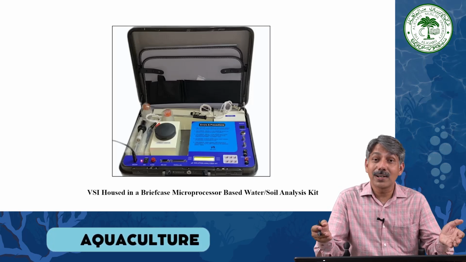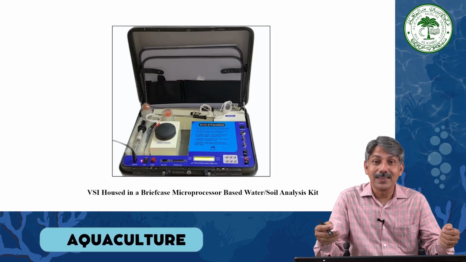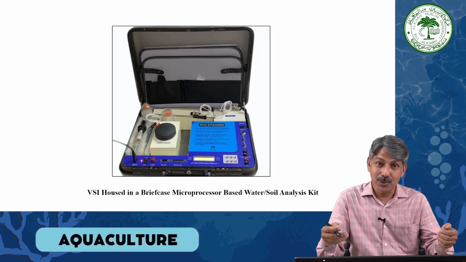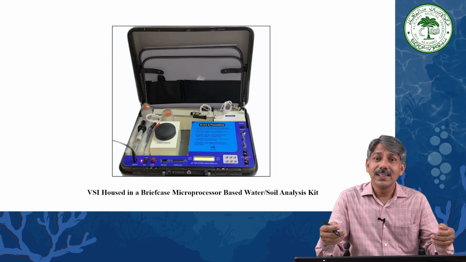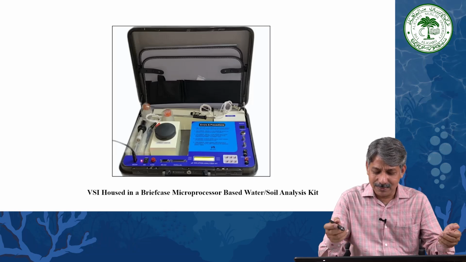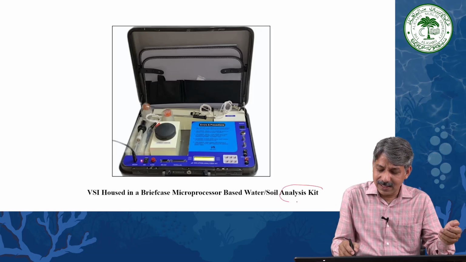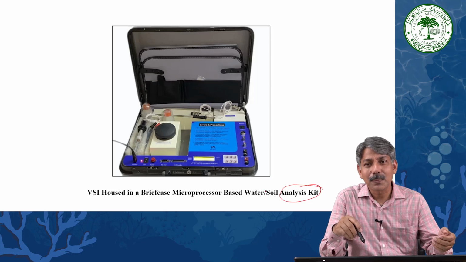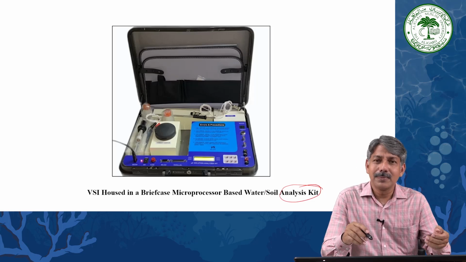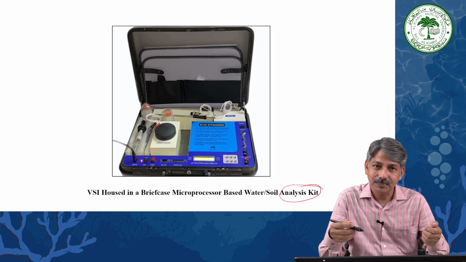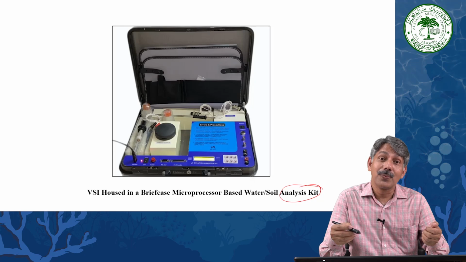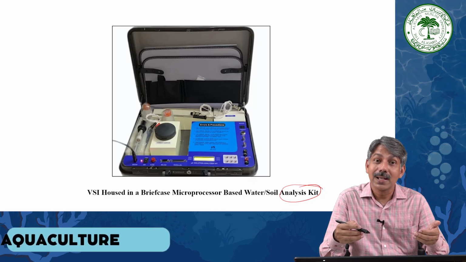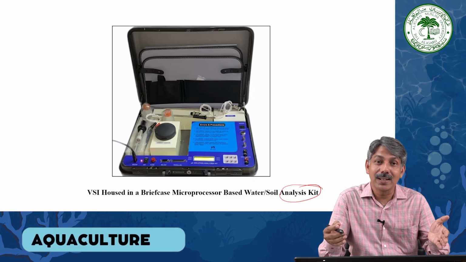If you are a very enthusiastic person, if you wish to do everything on your own, then have some automatic water analysis kit. Major water quality parameters you can analyze at the pond itself. And I have seen very progressive fish farmers who had not only a water analysis kit at their farm, they had their own mini library.